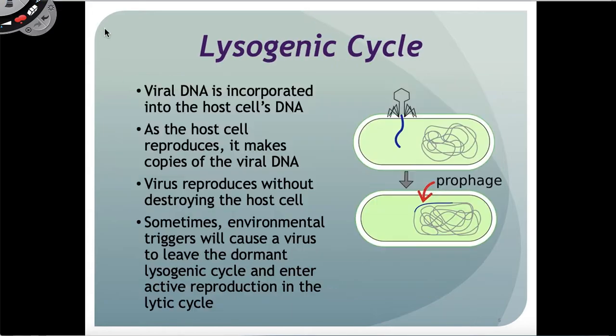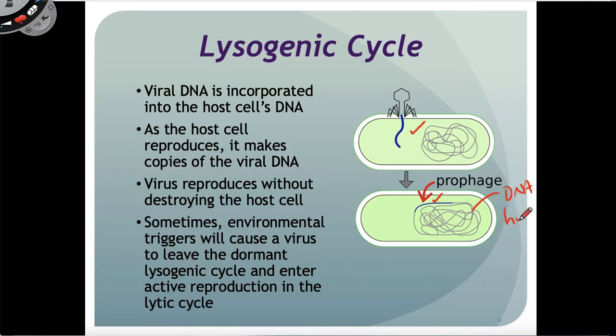There's another way viruses can reproduce and remain dormant for some time. Here we see the virus injecting its DNA into a host cell. And then what happens here, the host cell is going to reproduce, but it's going to reproduce with a little piece of the viral DNA incorporated into the host cell's own DNA.